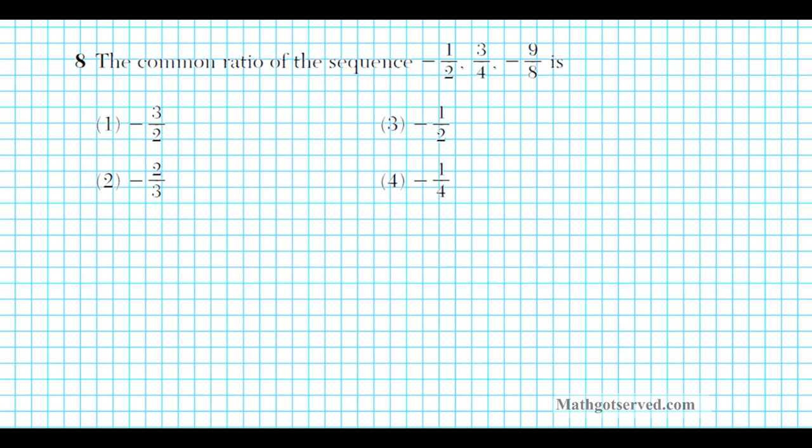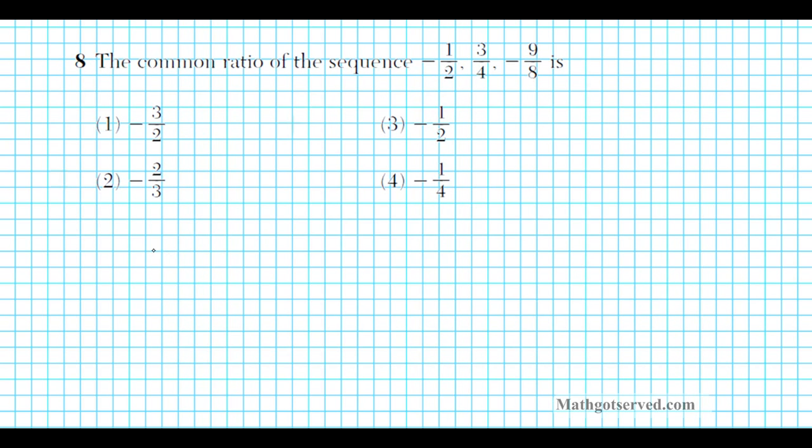All right, let's take a look at problem number 8. Problem 8 asks: the common ratio of the sequence -1/2, 3/4, and -9/8 is. The common ratio is what you keep multiplying over and over again to generate the terms of a geometric sequence.